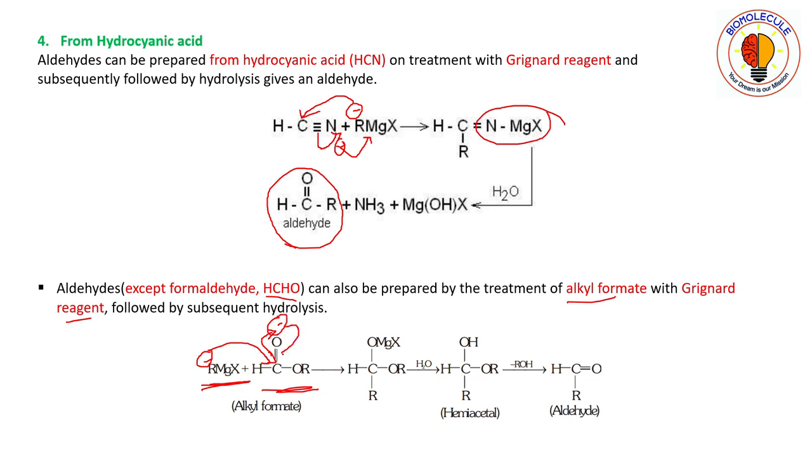This oxygen will push back its negative charge and the OR, that is the alkoxy group, will leave. Now the O negative charge will coordinate with magnesium halide. Further hydrolysis, you will get hemiacetal. Now in the hemiacetal, this OH goes over here and this one leaves, so you are getting aldehyde.